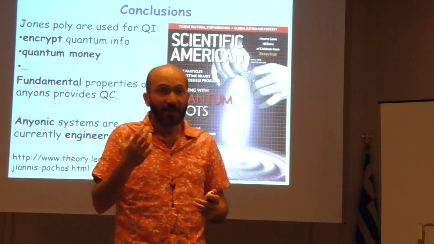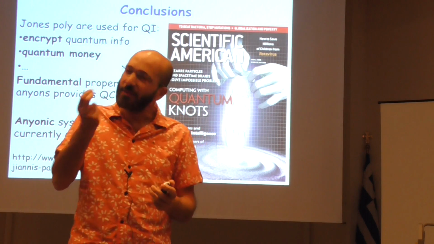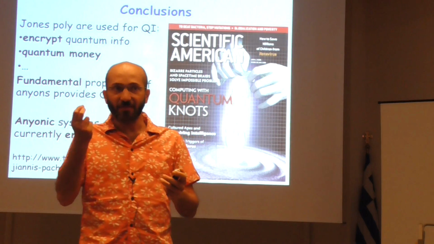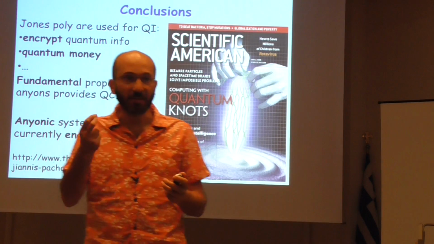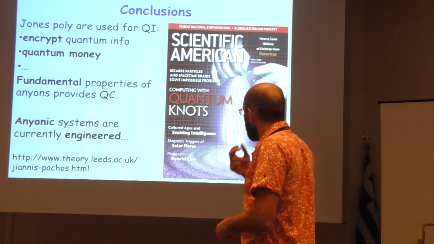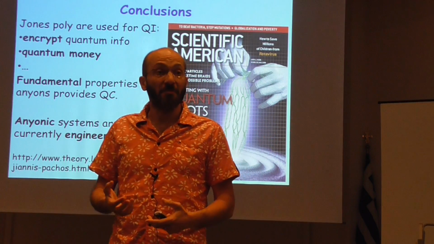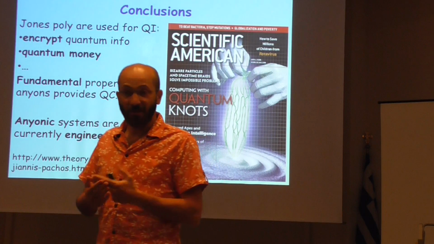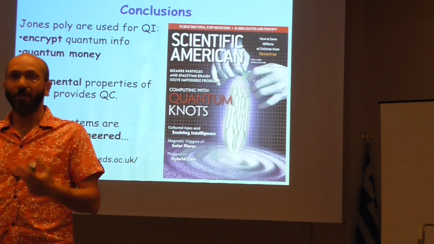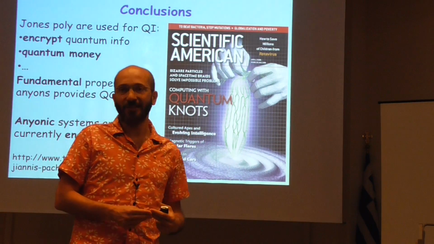So it's a fundamental property of these quasi-particles that makes the quantum gates resilient to errors. This is the interesting part. And anyonic systems are now being designed, trying to be created in Majorana systems. So it's a huge effort to discover them and then employ them for technological advances.